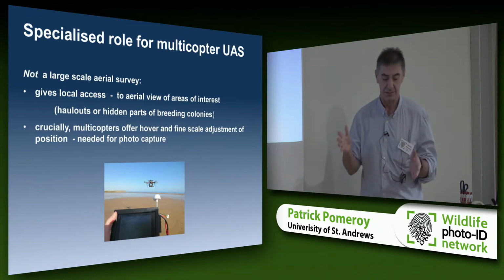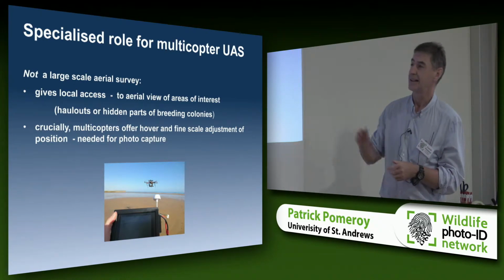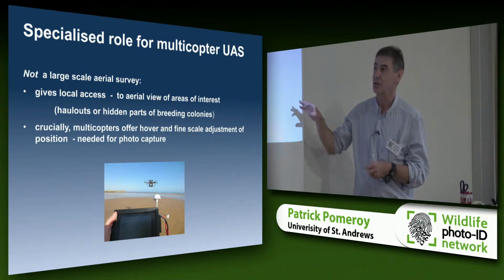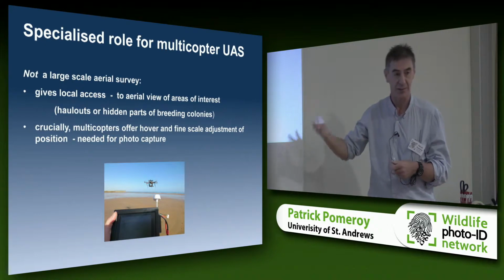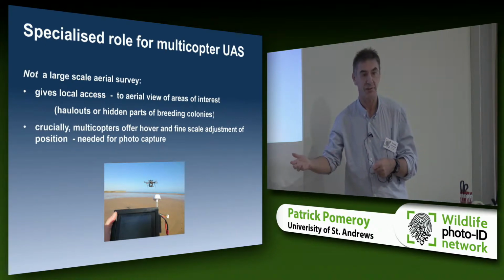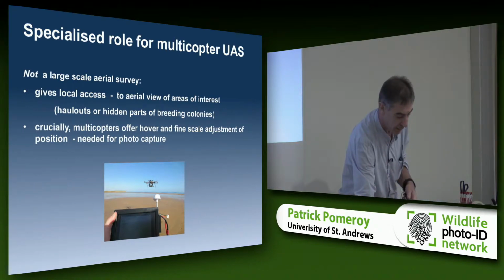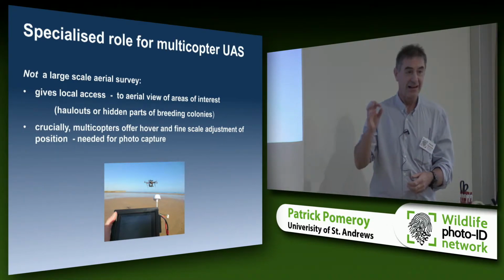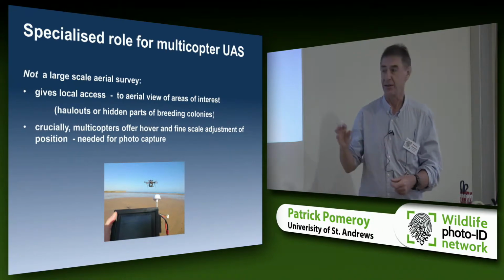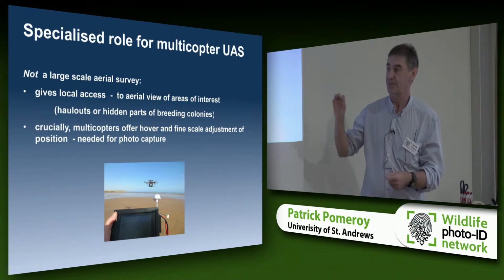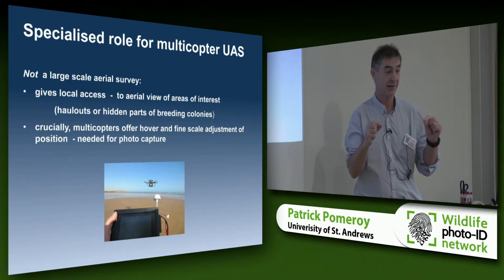Now this isn't a large-scale aerial survey. It's a method that gives local access and gets us an aerial view of areas of interest. For example, haulouts where we couldn't get to normally, or hidden parts of the breeding colony. And the reason that I'm talking about multicopter applications here is simply that multicopters, like the one in the picture, offer hovering capabilities.